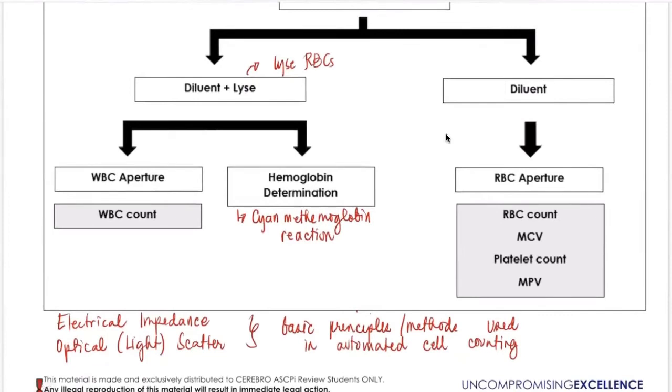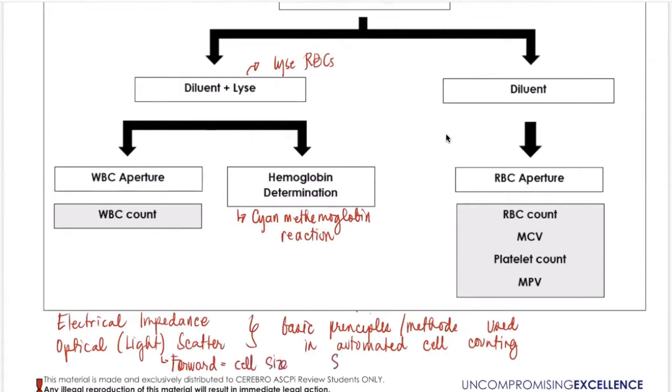Okay? Because in the case of the optical or light scatter, meron kasi tayo ditong tinatawag na forward tsaka side scatter. So, pag sinabing forward scatter, this measures the cell size.